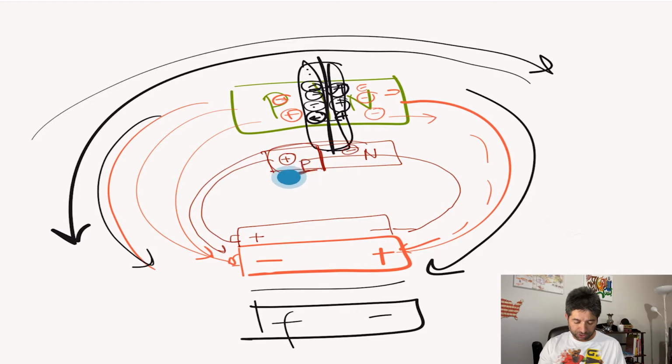If P is connected to the positive terminal of the battery and N is connected to the negative side of the battery, then it's in forward bias. If not, it's reverse bias. When I say positive, this means a higher voltage with respect to the other. So when the p-type material is connected to higher voltage and N to lower voltage, that's forward bias.